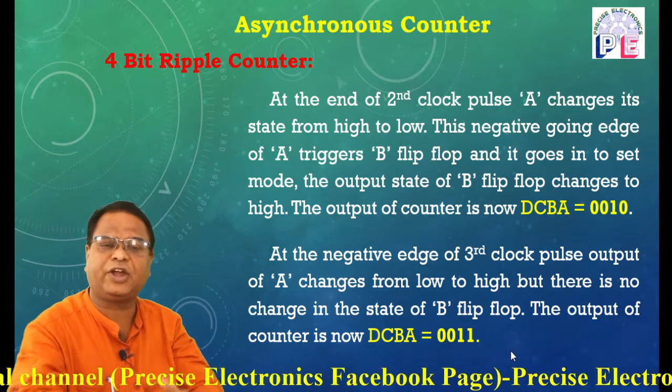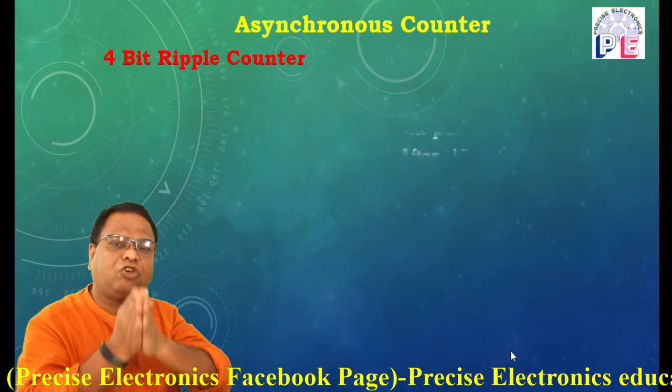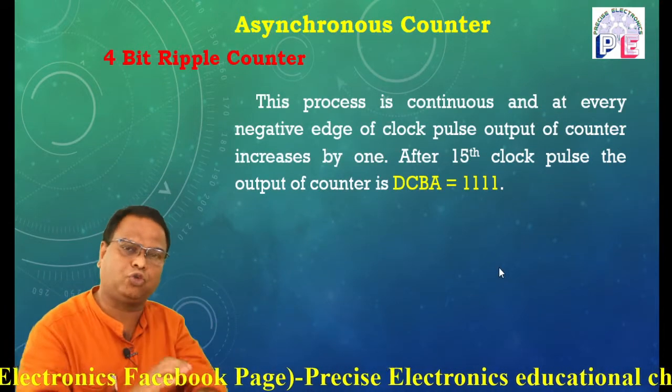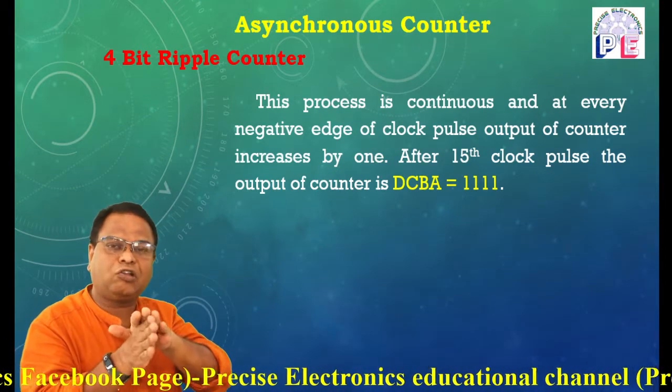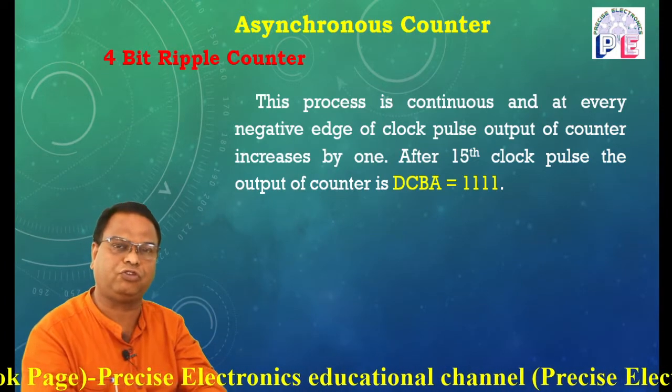This process continues. With every clock pulse, at the negative edge of input clock pulse, A toggles from 1 to 0 or 0 to 1. At the negative edge of A, the B toggles from 0 to 1 or 1 to 0. It changes its state from 0 to 1 or 1 to 0.